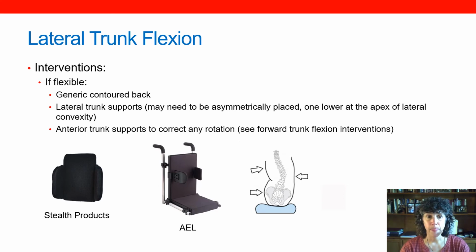So what do we do? Well, again, this is an example of force and counterforce. We can use anything from a generically contoured back, which is encouraging someone generally to stay in midline, to adding external lateral trunk supports in an effort to align the trunk, to a three-point control that we see pictured on the right here, where we place supports very intentionally to provide the appropriate force and counterforce necessary to either correct a flexible lateral scoliosis or to minimize further progression of a fixed scoliosis.